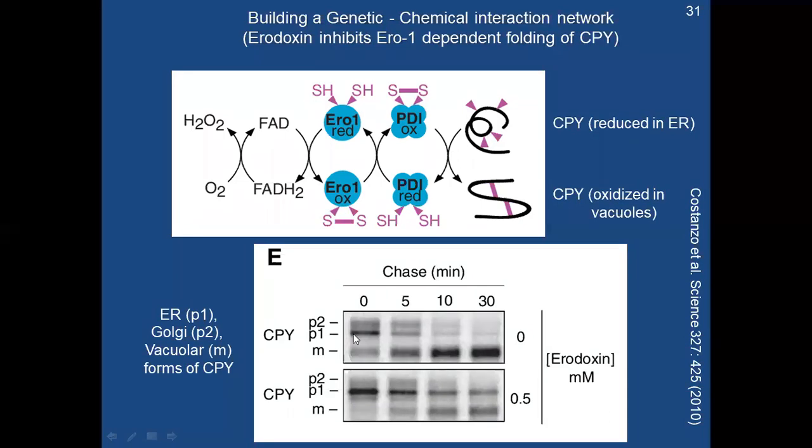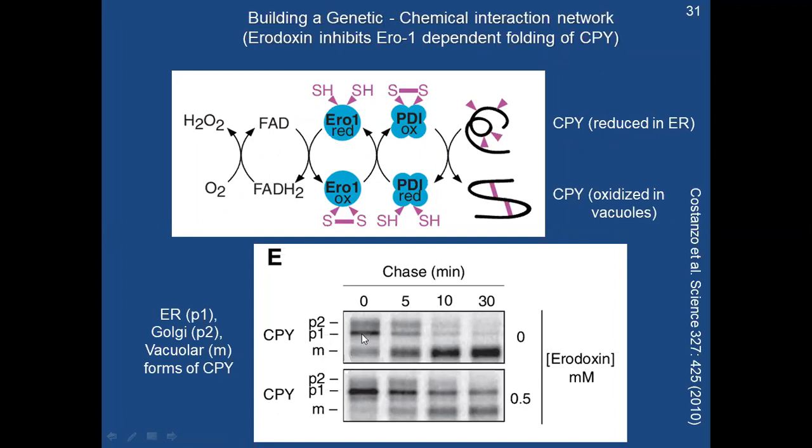But there is also a form of this which exists in the Golgi. So this is the ER form, and this is the Golgi form. And eventually it goes into vacuoles, particular organelles, and in vacuoles it is oxidized. And therefore the oxidized version here, which is the M here, is in vacuoles.